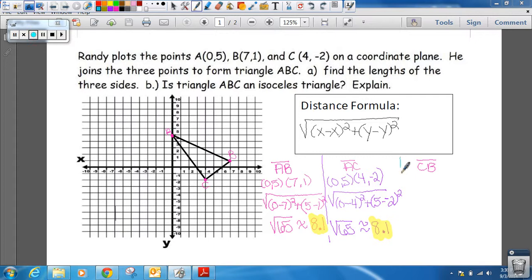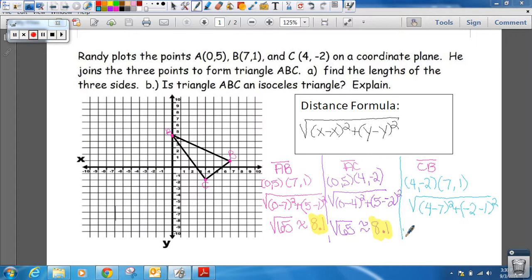The next one is CB, which I just tried to do. CB, so I have C is at 4, negative 2, and B is at 7, 1. So I do the square root of x minus x, so 4 minus 7 squared, plus y minus y, which is negative 2 minus 1 squared.